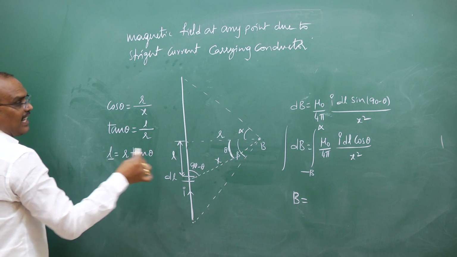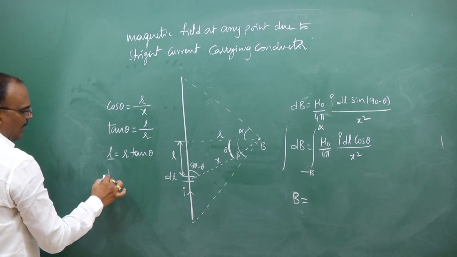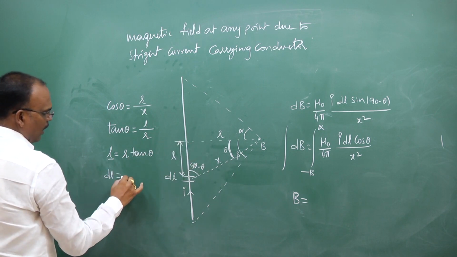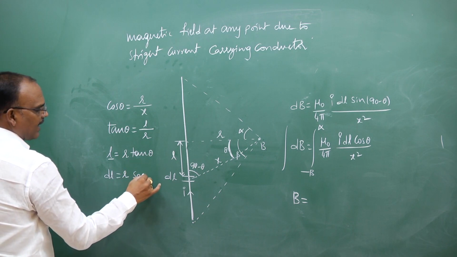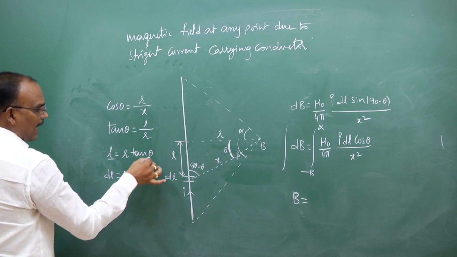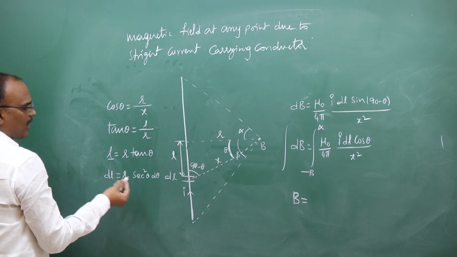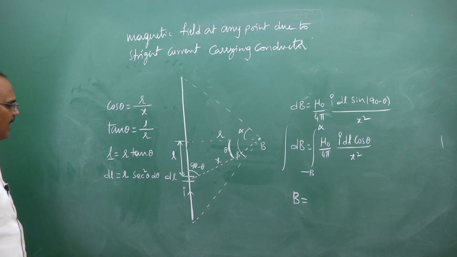Now I want the dl value, so I am differentiating this. Differentiation of L is dl. R is constant, so I leave it as it is. Differentiation of tan theta is secant square theta, but I should apply theta differentiation, that is d theta, because here I don't know with respect to what function I am differentiating.